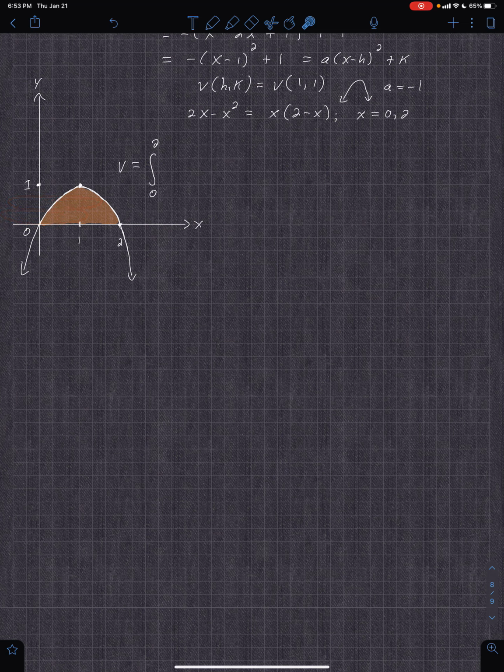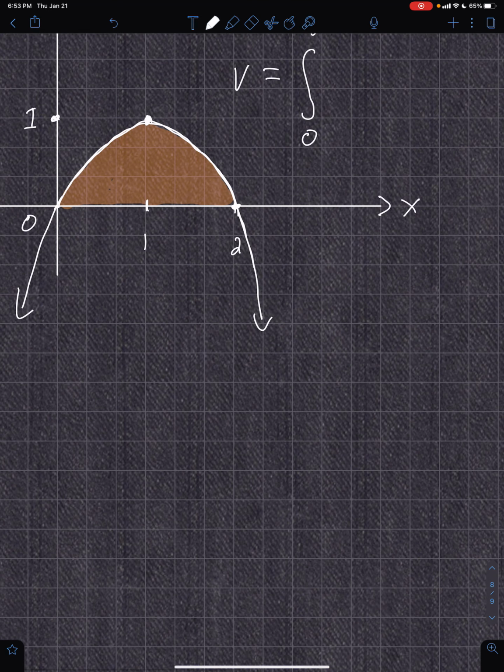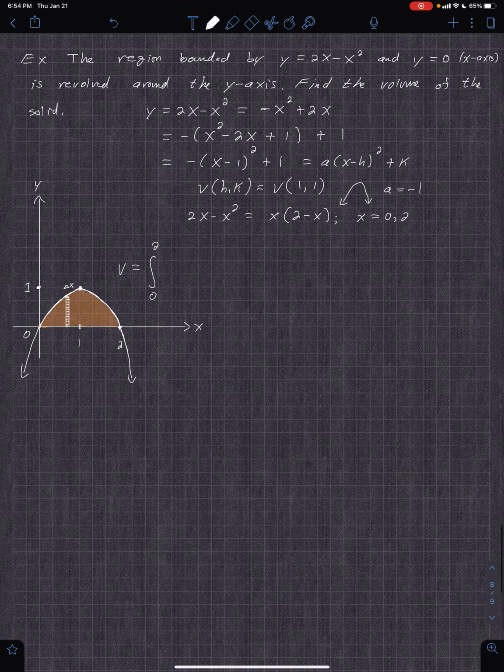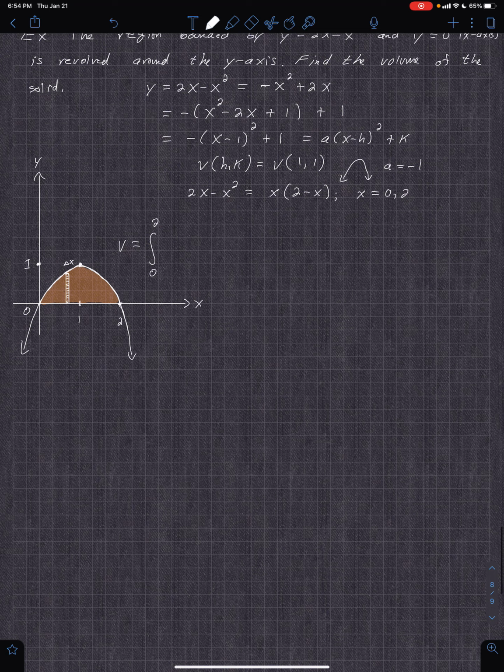So you'd have to change it to delta y's. This one you can keep in terms of delta x. If we put in a representative rectangle here, that becomes a shell, and you still have dx, or delta x. Otherwise, you'd have to go across like this and change it to a delta y. I don't really want to do that, because you have a square root. It wouldn't be very fun.